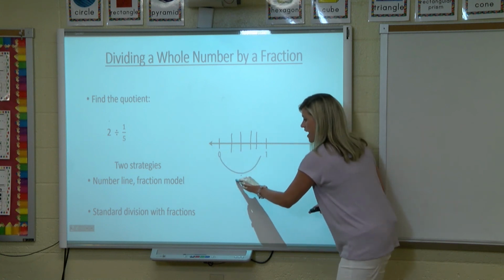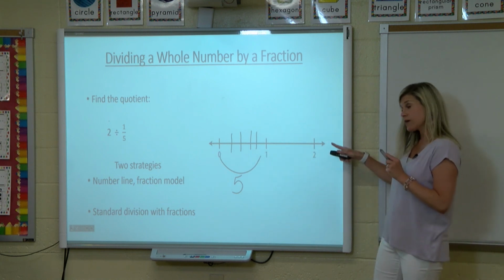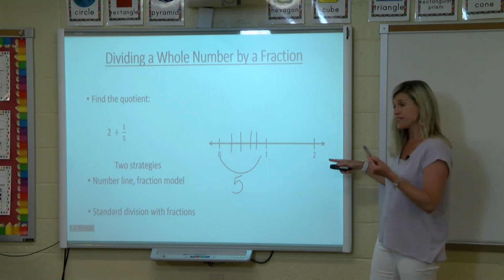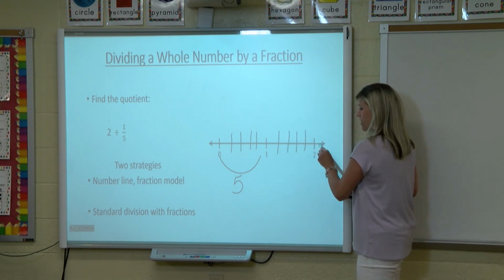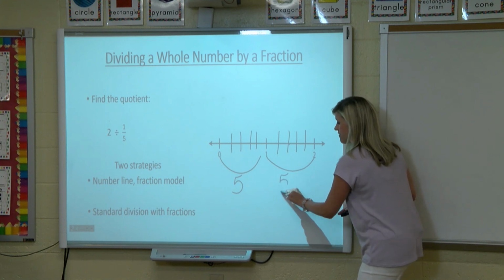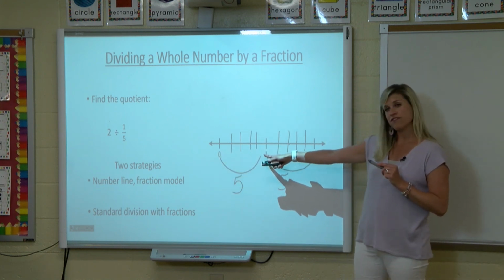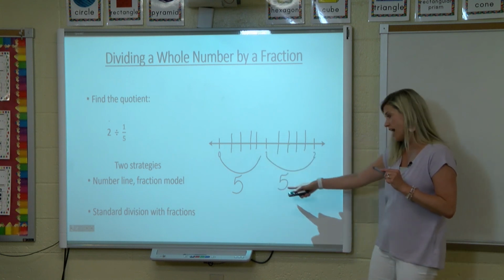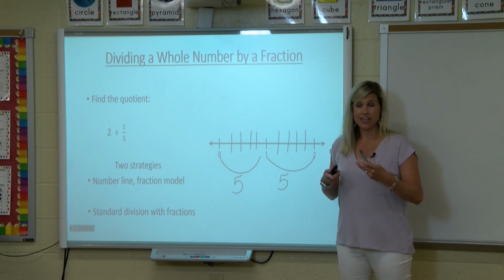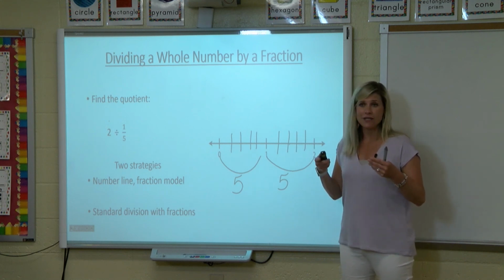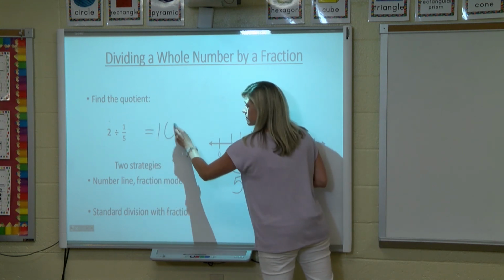So there's 5 sections there. And if I break this from 1 to 2 into fifths as well, I have another 5 sections. And so 5 1/5 sections and 5 more 1/5 sections makes 10. So 2 divided by 1/5 would be 10.